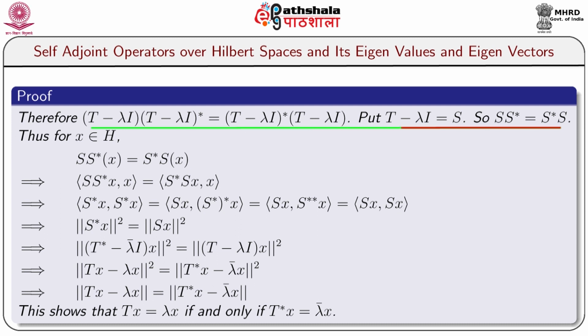Put T minus lambda I equal to S. So S S star equals S star S.